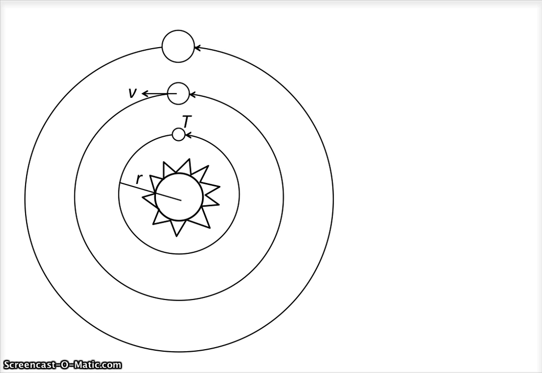No matter what planet you choose, the orbital period squared divided by the orbital radius cubed always equals the same constant value. That was pretty puzzling to scientists back in the 1600s, and after all, they didn't even know what was pulling on planets to make them turn, until Newton came along.